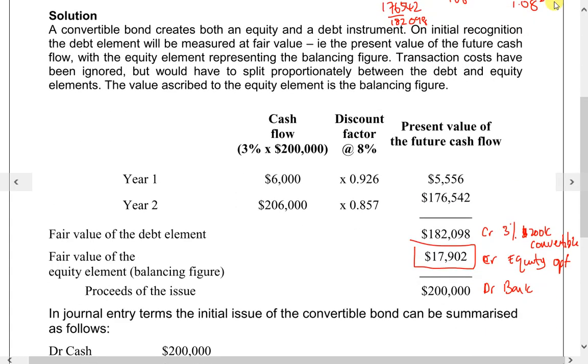So the 182,098, I squeeze it here because the answer is at the bottom right. The capital balance is 182,098 plus the effective 8% minus the 3%, which is 6,000.